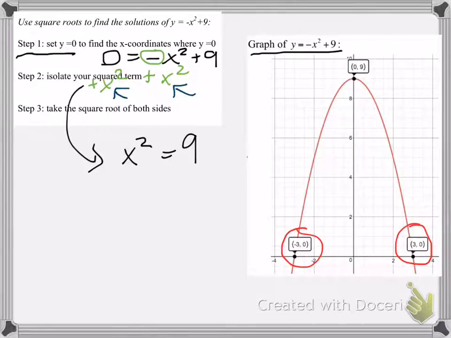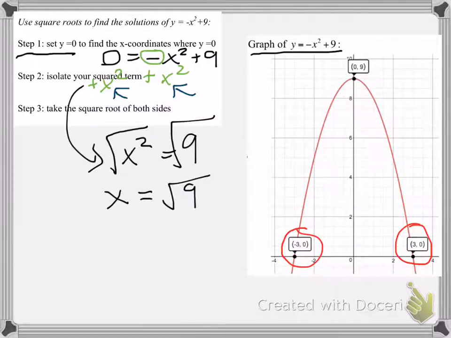Well, the inverse operation of squaring something is taking the square root. So let's do that inverse operation to both sides now. And I'm left with just x on one side, which is what I want, equals the square root of 9.